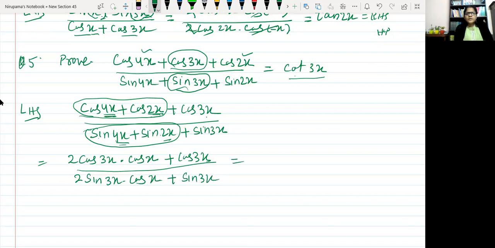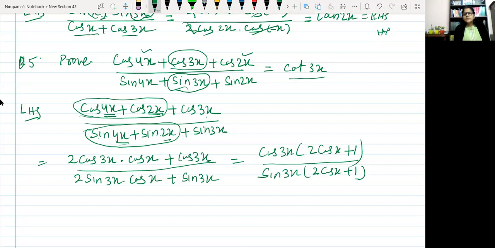So from the numerator we can take cos 3x common: 2 cos x plus 1. And in the denominator you can write sin 3x common: 2 cos x plus 1. Okay, so you can see 2 cos x plus 1 is the common factor in numerator and denominator, so it is getting cancelled. So cos 3x by sin 3x, you get cot 3x. This is the right hand side.